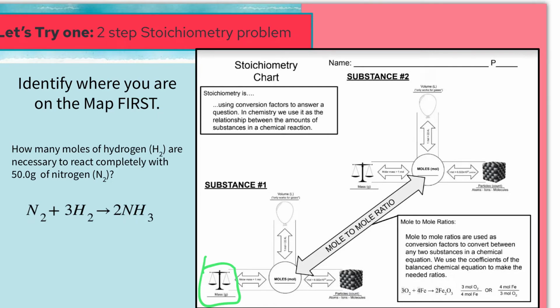We're given the mass of substance 1, and we want to go to the mass of substance 2. But to do that, we then have to go through moles of substance 1, then use this mole-to-mole highway to get to your moles of substance 2, and then use that conversion there.